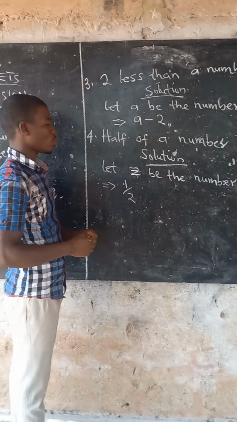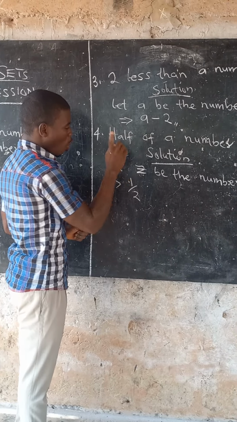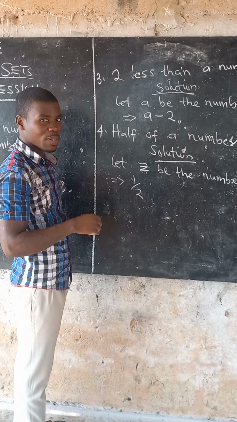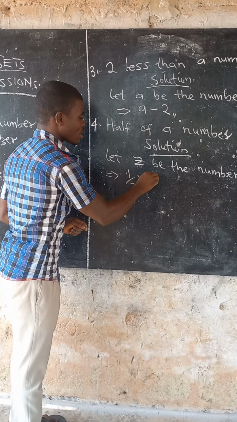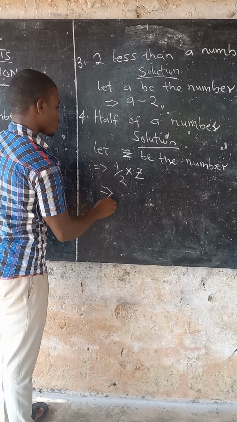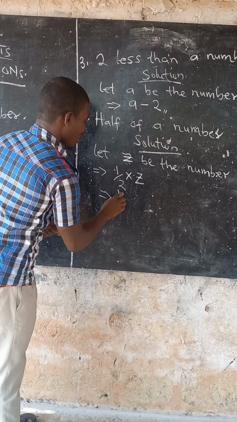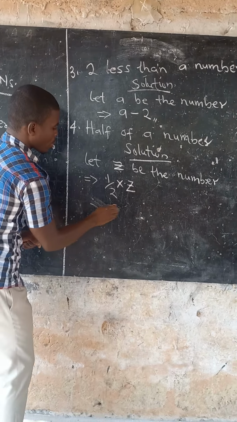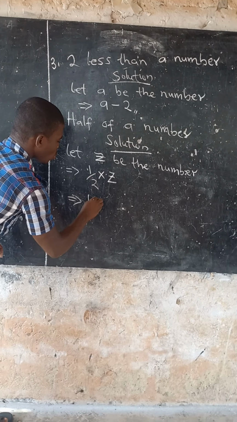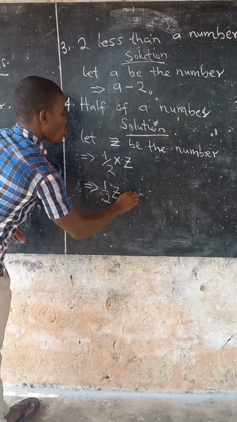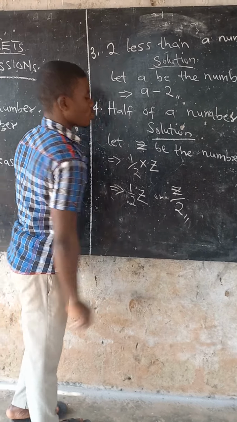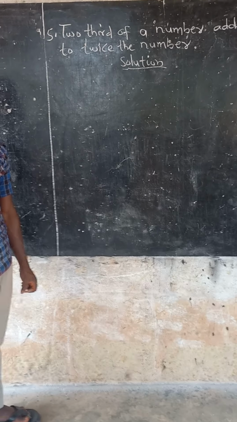Of means times, multiplication. So times z, which is giving us 1 over 2z, or z over 2. Let's look at another one.